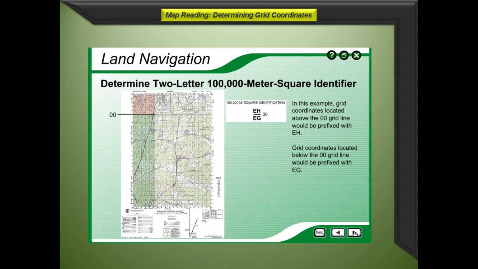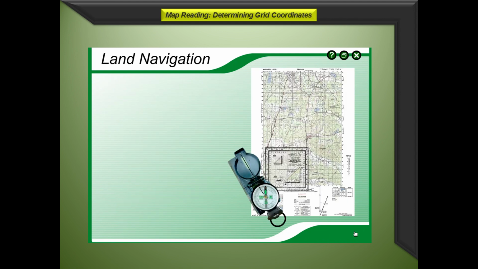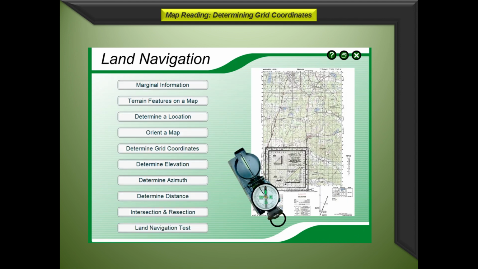So you will see how some maps may cover a very wide and vast area. Where we have the 00 right here, any grids below this number will be EG, and anything above will be EH. And that is how you determine grids on a map.